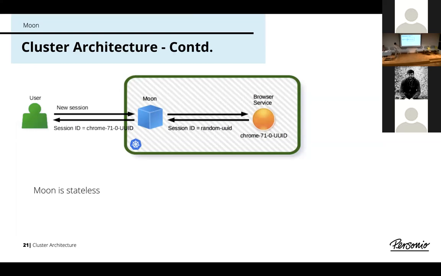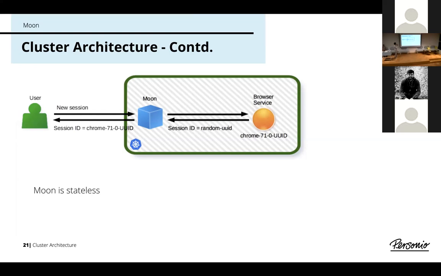And what Moon does is it will append the browser name and the version and the session ID, which means it will effectively be the DNS name for the browser service that it has to contact. Then it will replace the Selenium session ID with that, and then it will just return back to the framework.